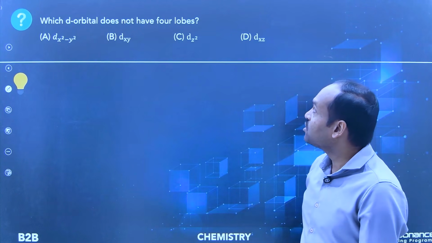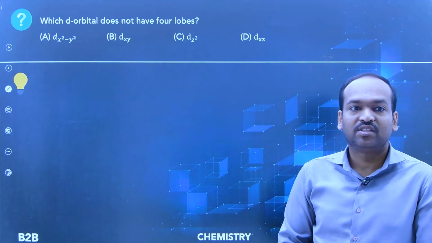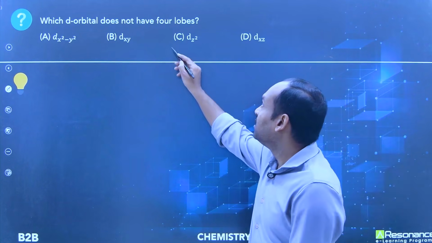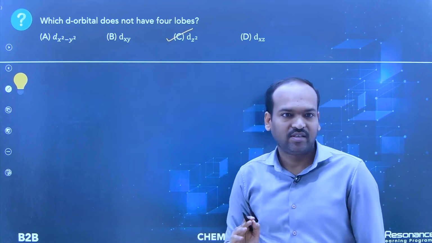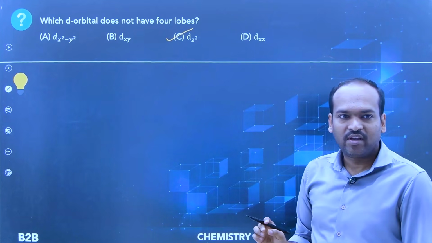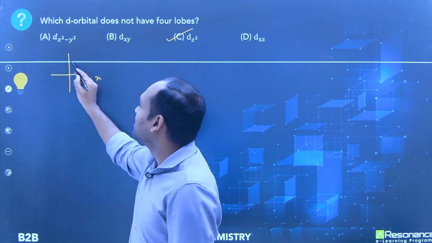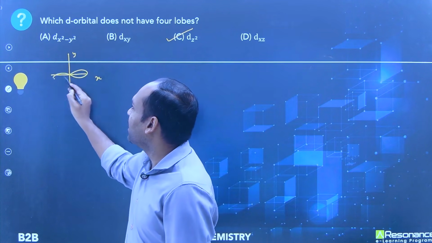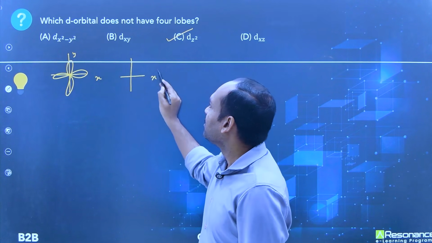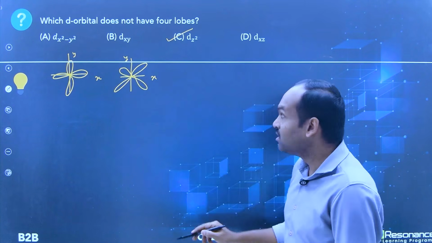Which d orbital does not have four lobes? Very good question. Okay, dz square. Look here, dxy: x and y are along the axial. Dxy is in between, with four lobes.